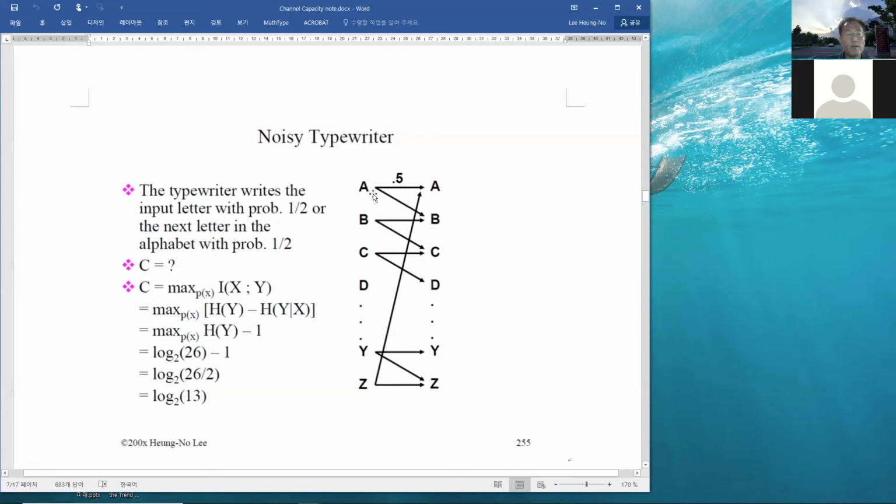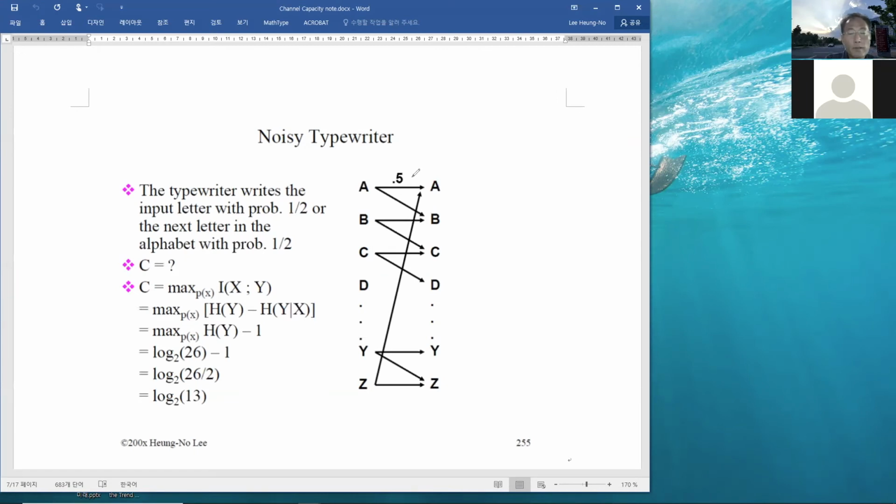When you try to push the button A in the typewriter, it actually types A or B with equal probability, right? Half and half. So that's the case, and we just talk about it.